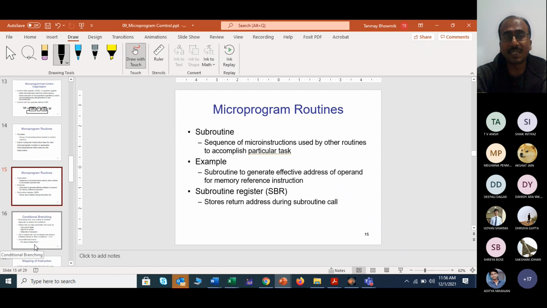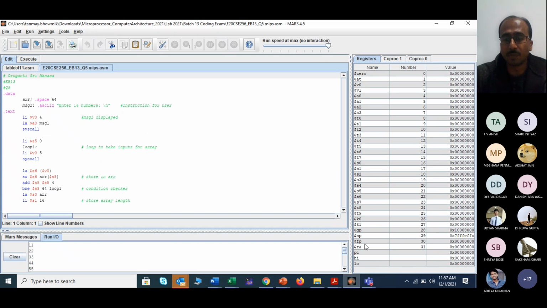So can anyone tell me, whenever we were using MIPS programming in the Mars simulator, which one was the subroutine register? Right? This has been discussed lots of times. The subroutine register is this one, this RA. If you remember, I have opened this terminal again.